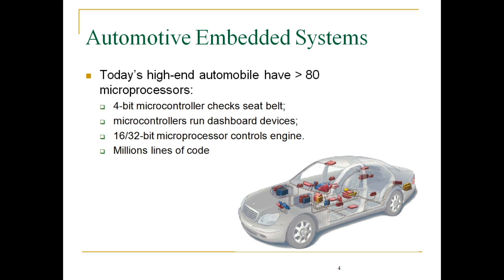They will play a major role in controlling your automobile. For such applications, you will use higher-end microprocessors. For other applications, you will use lower-grade microprocessors or microcontrollers. So in a particular car or automobile, there will be different kinds of embedded systems fixed into it.